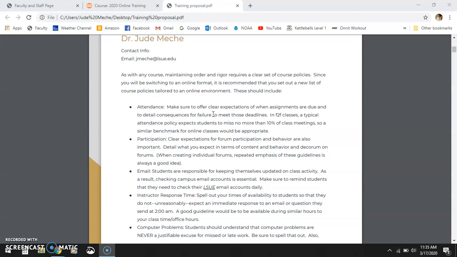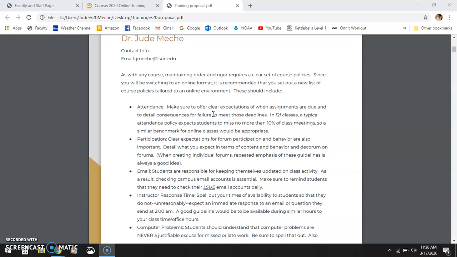Participation, clear expectations for participation need to be spelled out as well. In particular for forums, you want to make sure that students understand what participation means and what it doesn't. Very often you'll have students in a forum who think that they're contributing by just simply stating something like, I agree, and that's not a legitimate contribution to a forum.